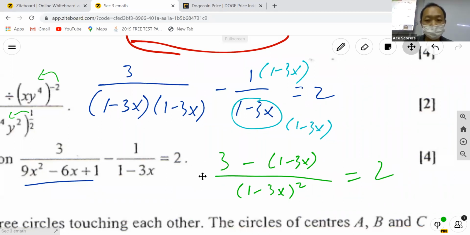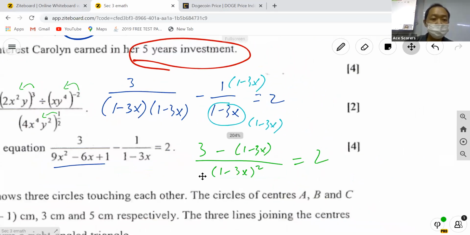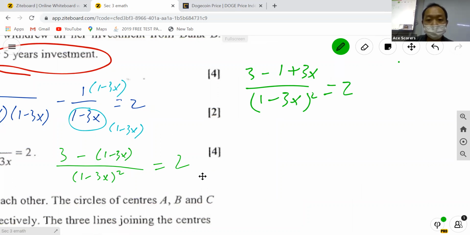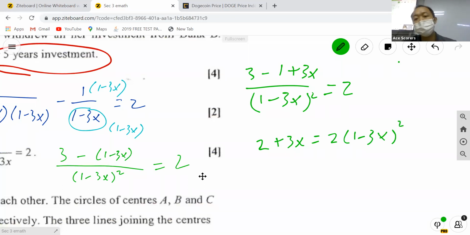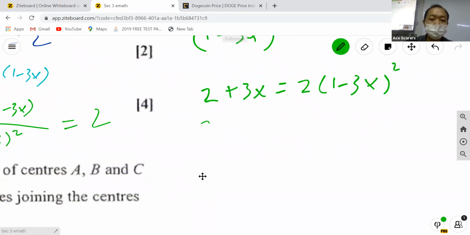I'm going to need a lot of space. Running out of space. Okay, from the green color, let's continue. 3 minus 1 plus 3x. So this one go to the 3 minus 1 is 2 plus 3x. Then expand. It's very long, it's 4 marks. Very lengthy question.